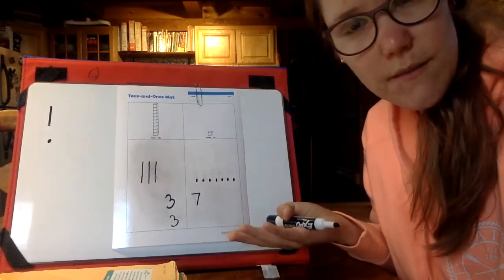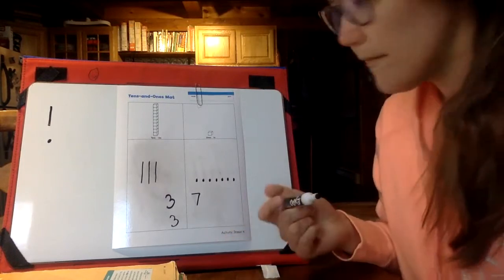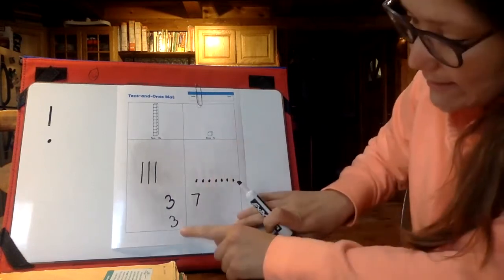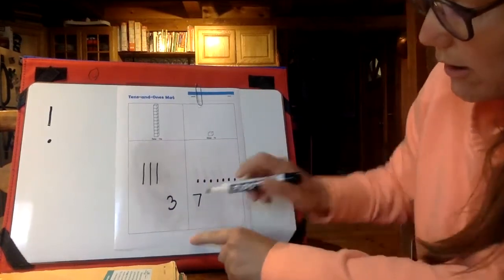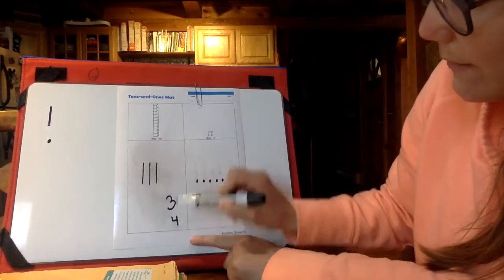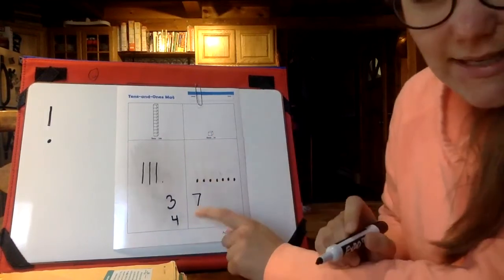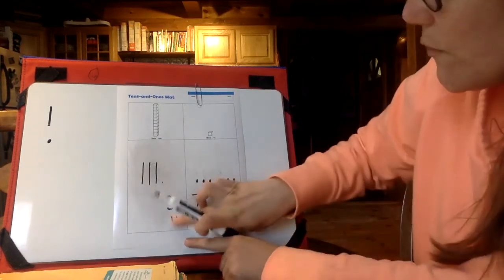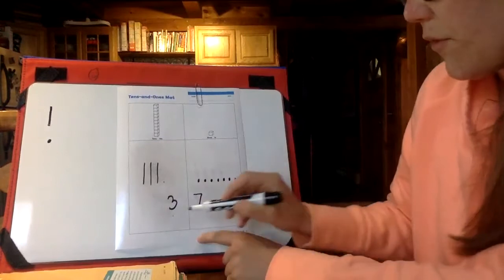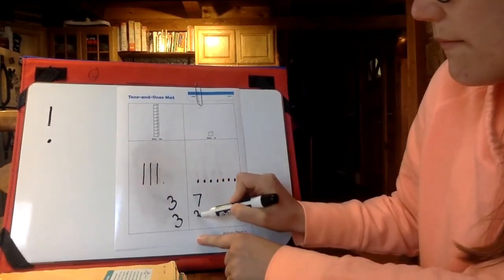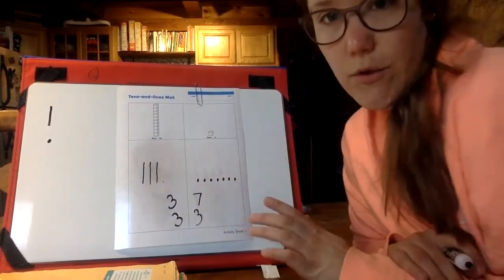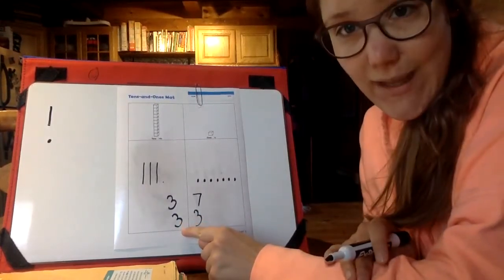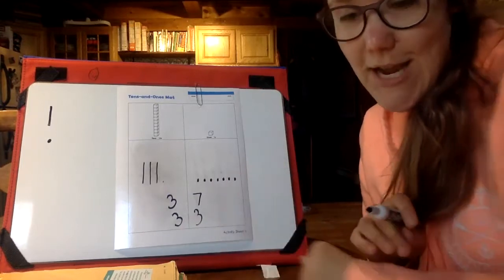Would 40 work? 40 would not work because if I change this to a 4, that means that I'm adding a 10. And is the tens place going to be a 3 anymore? No, so 40 wouldn't work, but 33 might, or 34, or 38, or 39, or 35. So any number that had a 3 in the tens place works to meet that challenge.